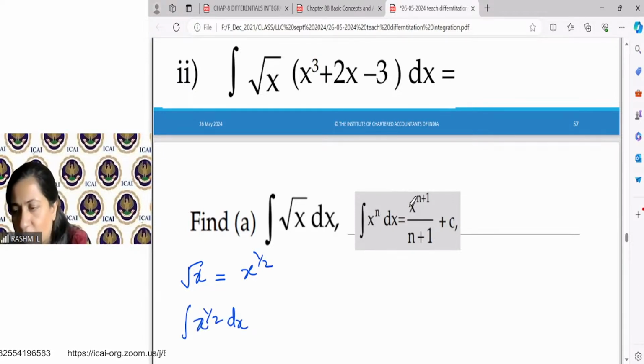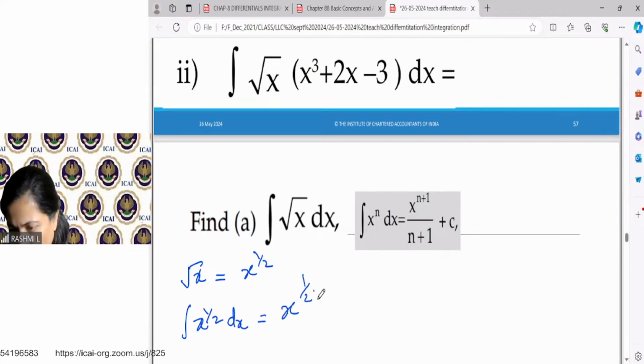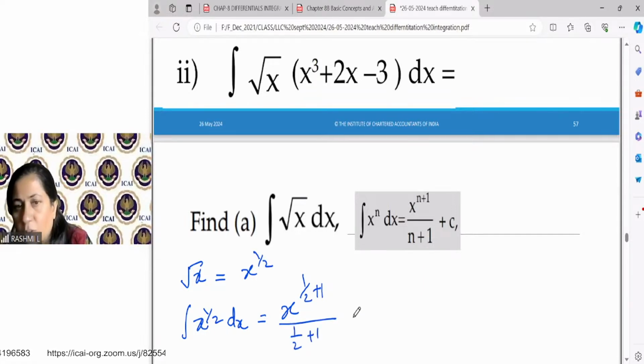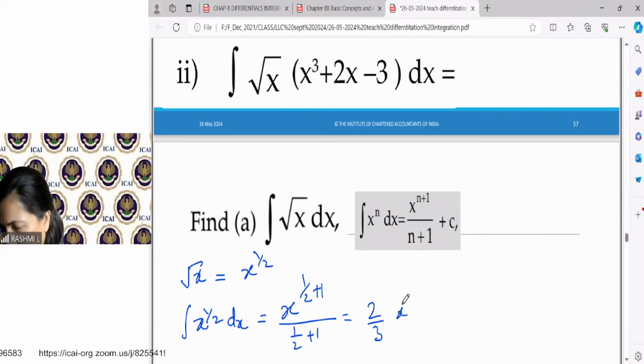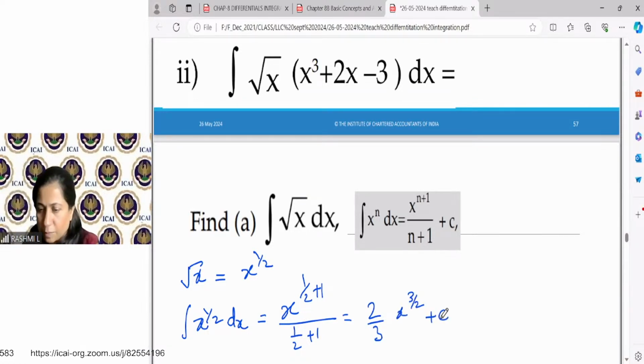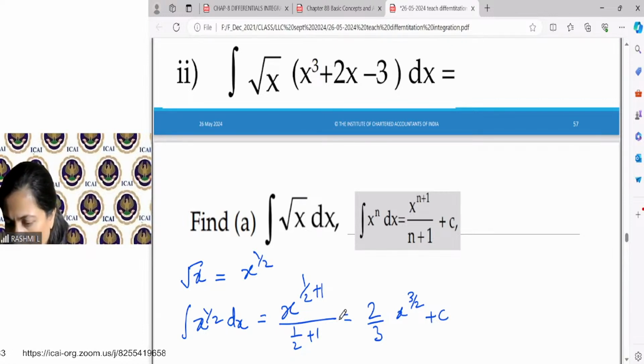Integral of x raised to n is x raised to n plus 1 upon n plus 1. So this is equal to x raised to half plus 1 upon half plus 1, which is equal to 2 by 3 x raised to 3 by 2 plus c.